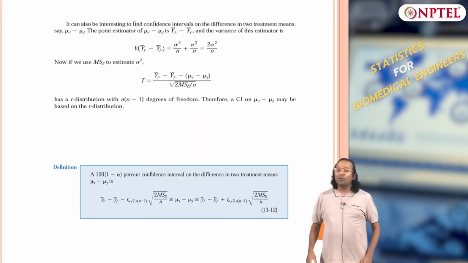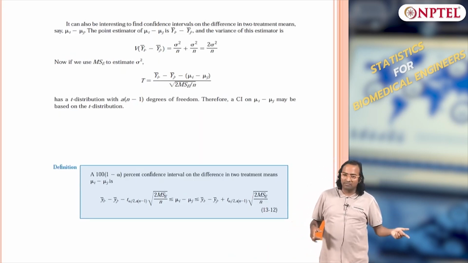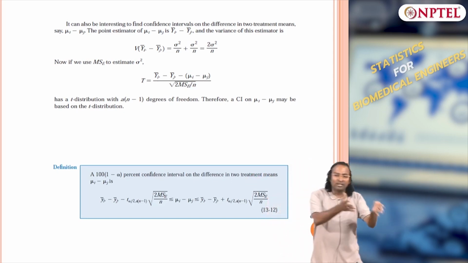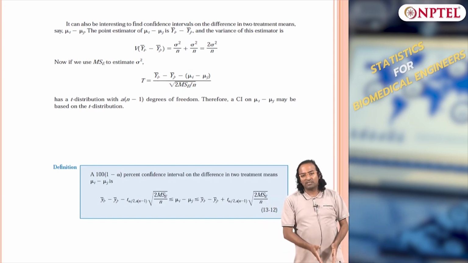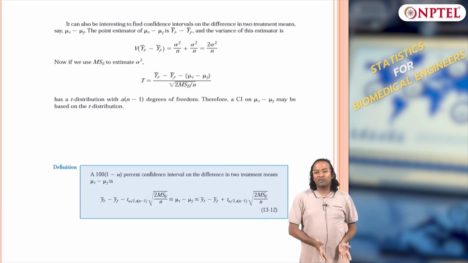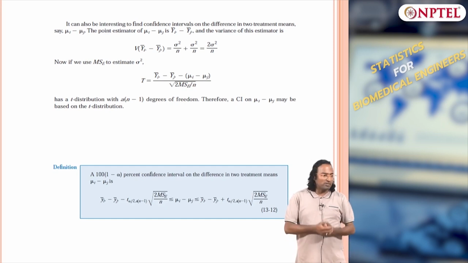So you can now do 2 population, 3 population, whatever you want to. For 1 population we did multiple, then you can construct a confidence interval, then you can do an individual hypothesis test, or you can do a 2 sample hypothesis test, that is whether the difference in mean is significant or not, that you can do, right, because sigma 1 square we know as MSE, sigma 2 square is also MSE.